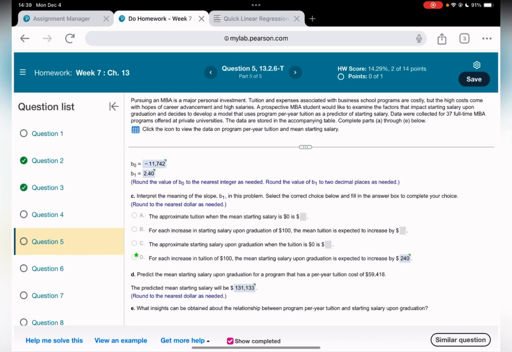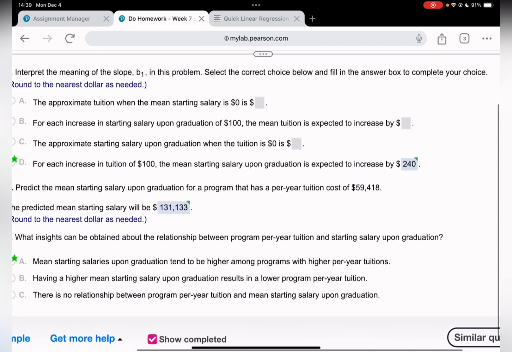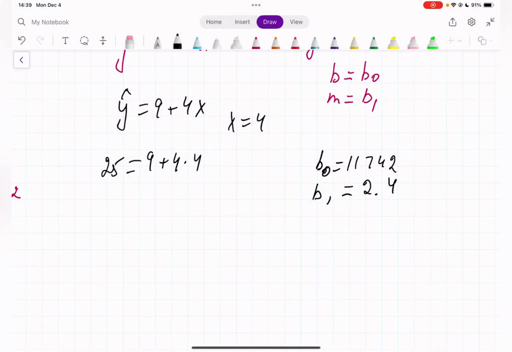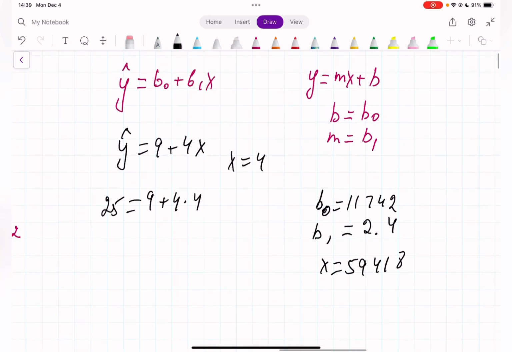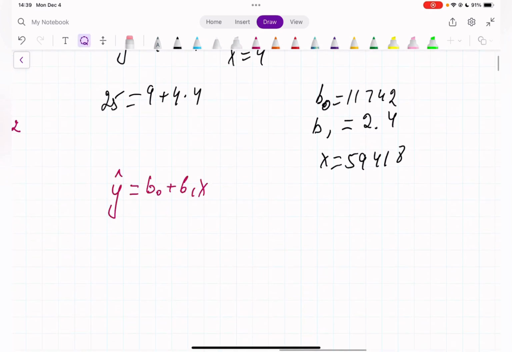Let me look one more time. Predict the mean starting salary per year. Okay, 59,418. X is equal to 59,418. So we are applying this formula. All right, let's see what we're going to get.